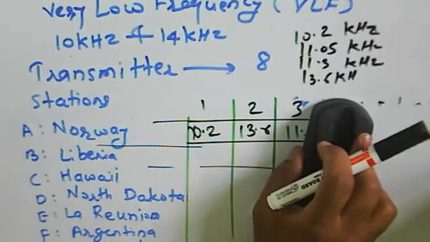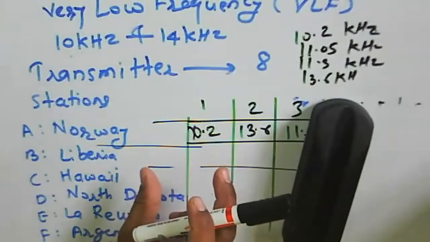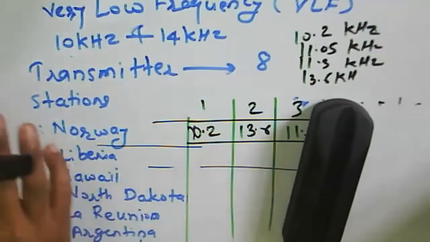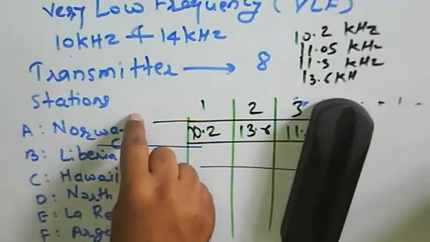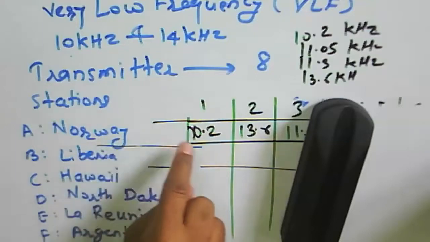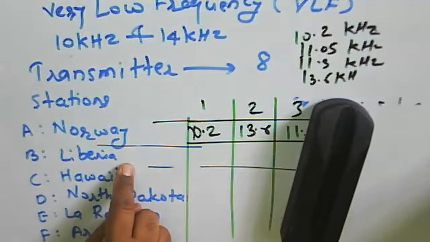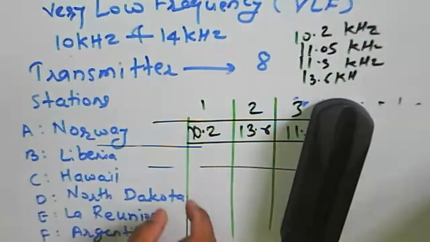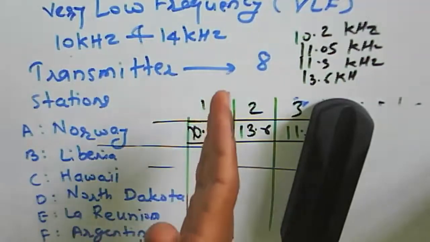Every transmitting station has a particular transmission time interval. Two stations will not transmit the same frequency at the same time. Suppose Norway is transmitting at 10.2, then another station will not transmit the 10.2 frequency at the same time. They will transmit in the given band of frequencies, one at a time, so all the stations transmit at different frequencies.